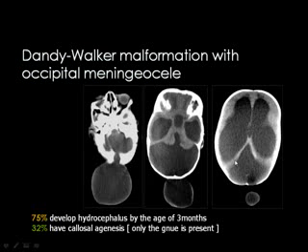Another case of Dandy-Walker malformation: posterior fossa cyst communicating with the fourth ventricle through the aplastic vermis. The cerebellar hemispheres are hypoplastic, the supratentorial ventricles are dilated, and the patient also has an occipital meningoencephalocele.